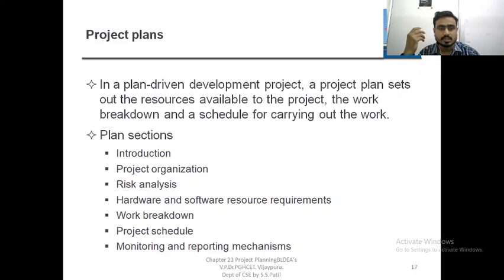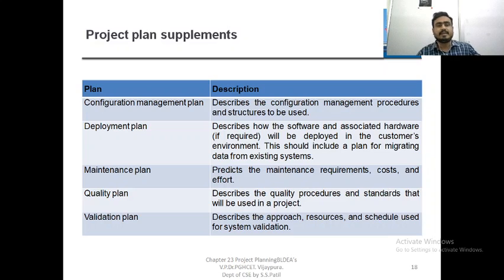So what will be the introduction part, what will be the organization, how the risk analysis is going to be done, hardware and software resource requirements, work breakdown, project scheduling.